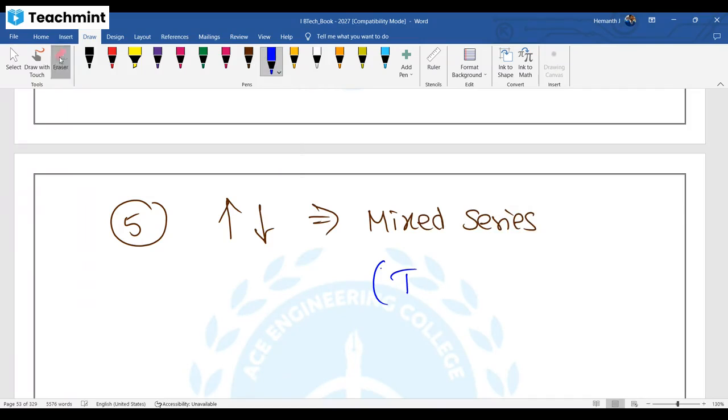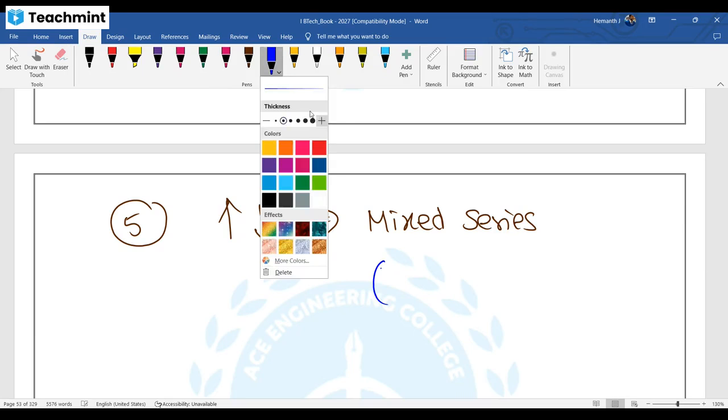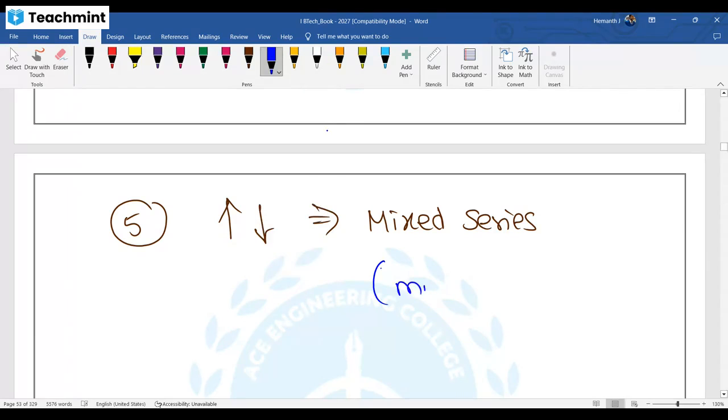Some questions, 3 series also they will combine. Suppose one increasing series, one decreasing series, both are combined in one question. What do you have to do? You have to check alternate numbers. One may be in increasing order, the other one may be in decreasing order. So minimum 2 series or minimum 2 logics will be there.